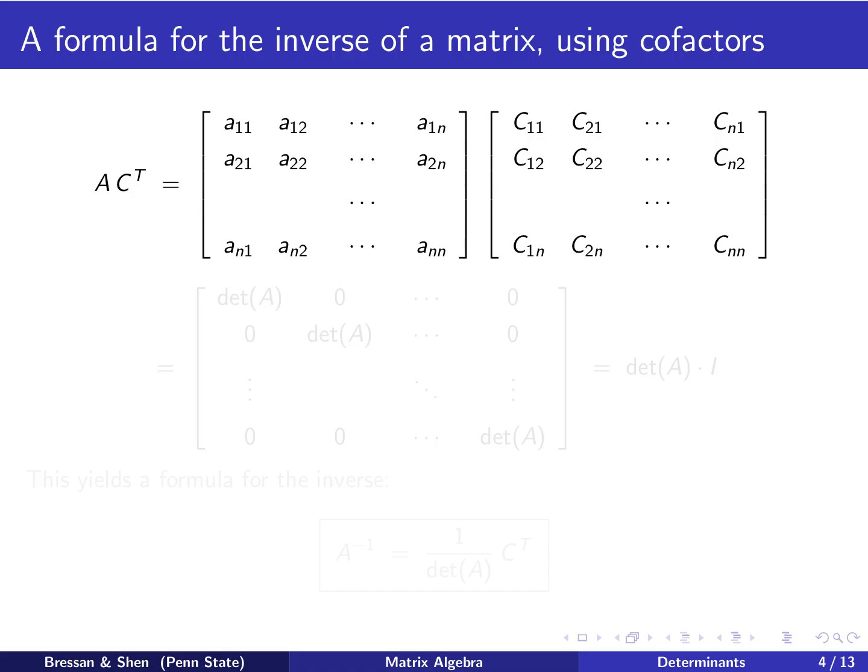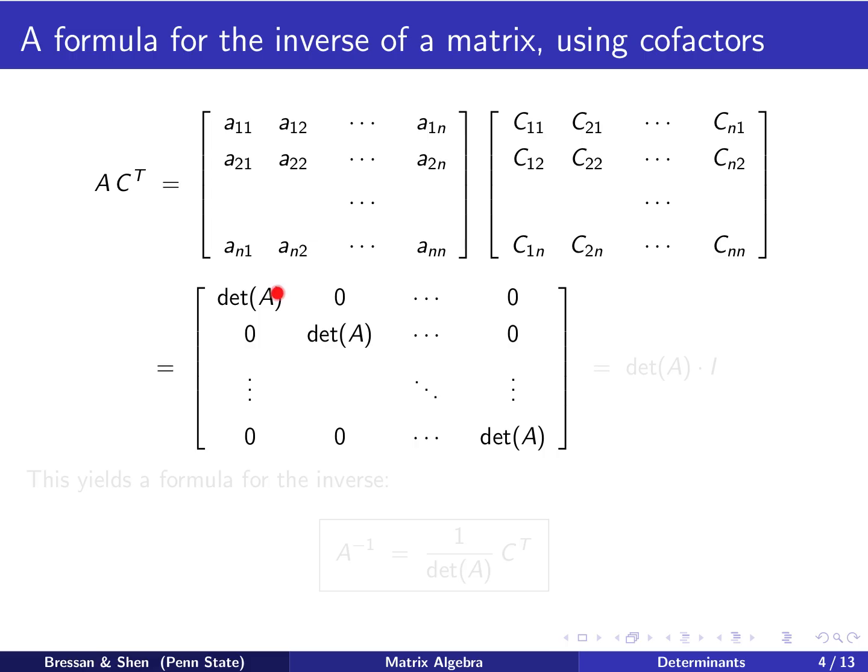So let's see, if we have an A matrix and we have the matrix of the cofactors transposed, so let's say A will be this, and then the matrix of the cofactors is like that with the Cij as its elements, and then we perform this multiplication. So what we will get is the following.